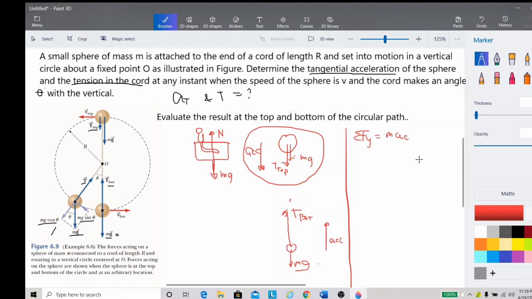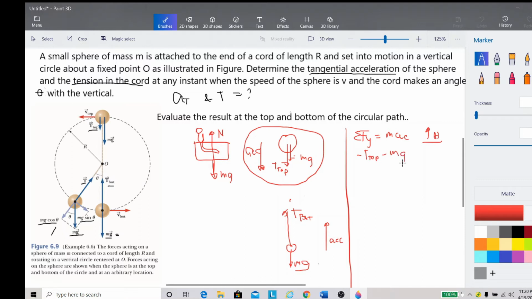Okay, that will be centripetal. So therefore, we will have the forces. What are the forces? Negative T top, and then minus, because upward is positive, ano? Upward to be positive. That is our convention. So minus mg pa rin yan.